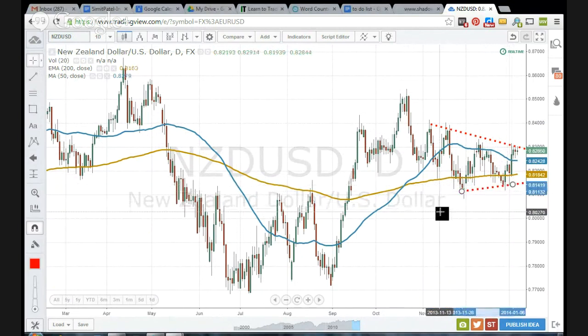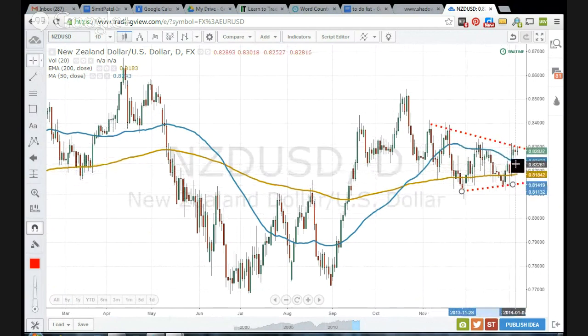Okay, you can see this illustrates crudely what I'm talking about, where it's a pattern of higher lows as well as lower highs. This type of consolidation often precedes a breakout. However, which direction is it going to go in? I don't know. Once that breakout happens, then there may be an opportunity.